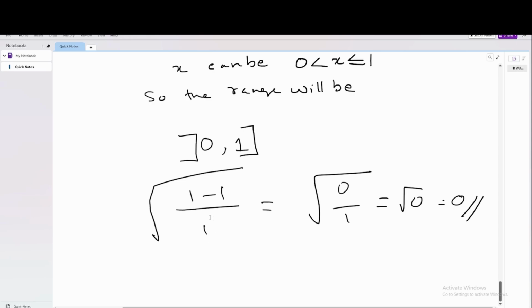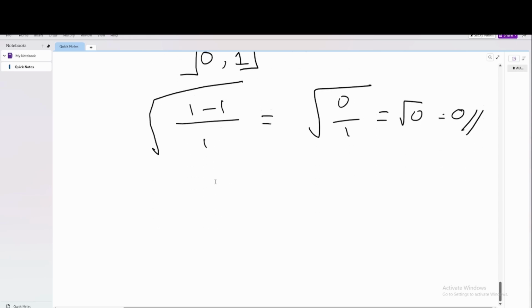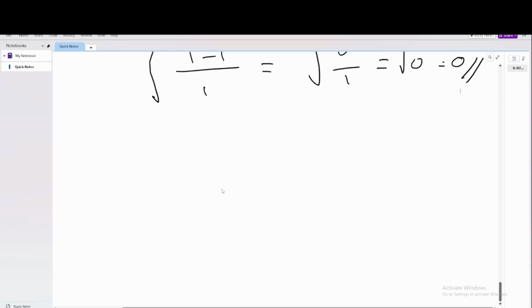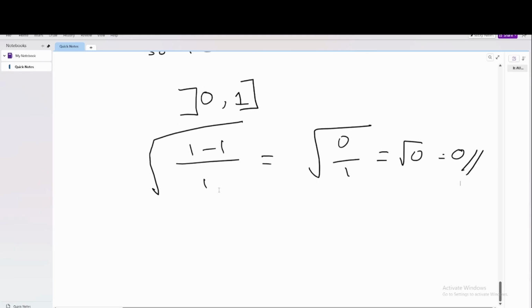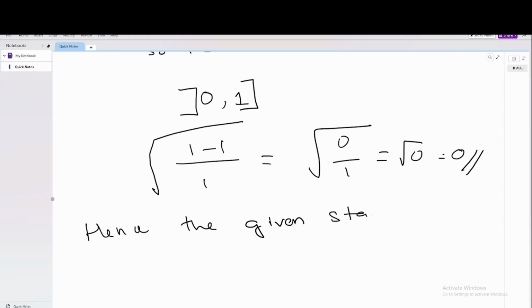But the denominator cannot be 0, so 0 cannot be included. Hence the given statement is false.